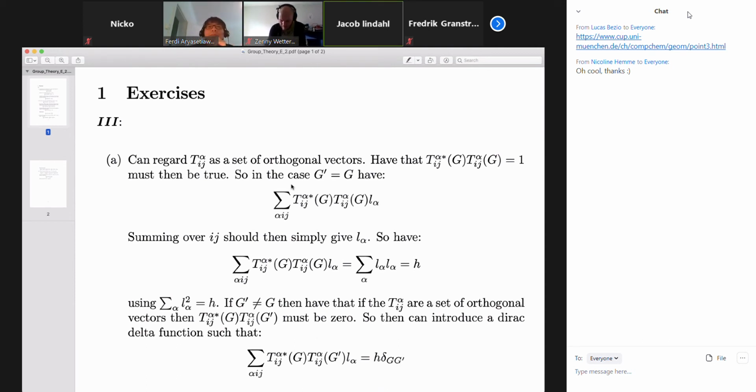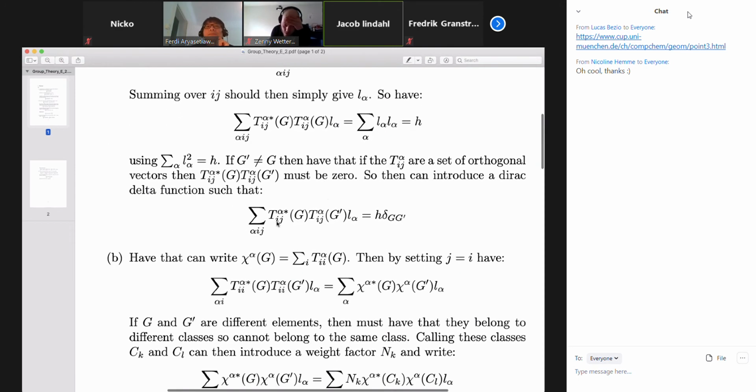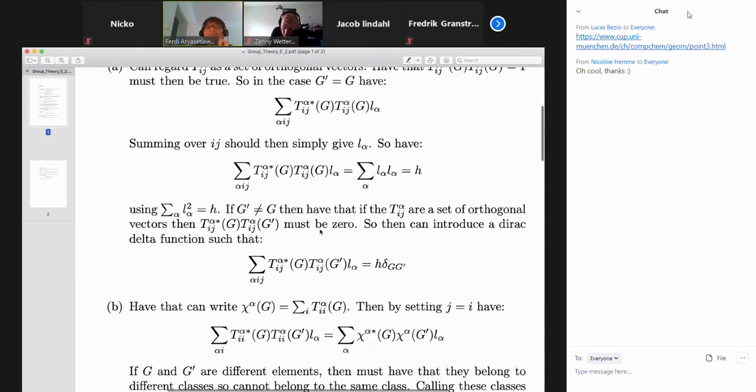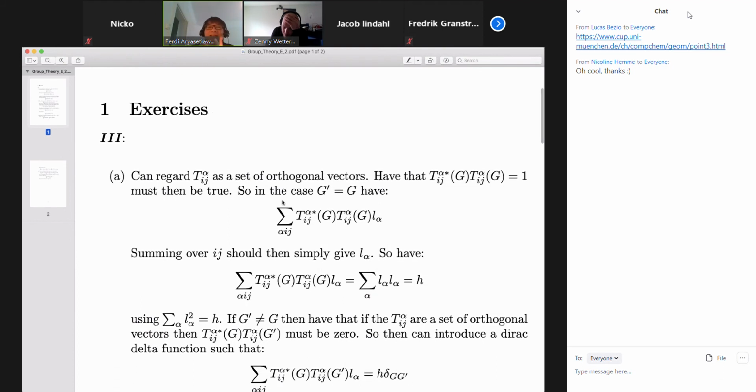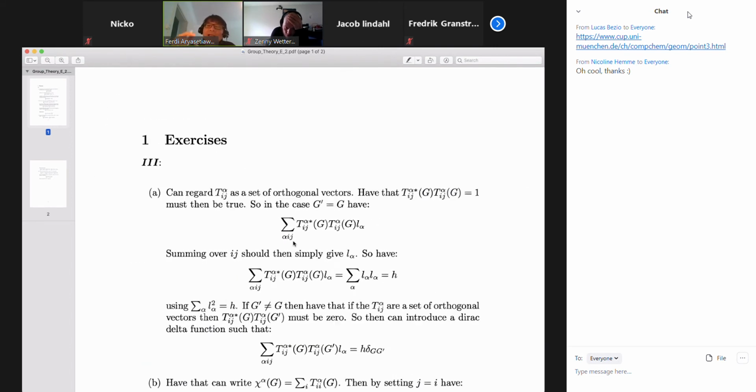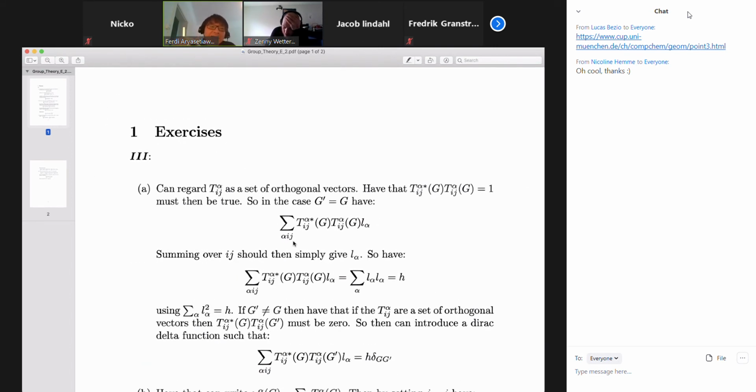Okay, so we want to prove this specific relation here. Can I just comment? We recall that we have the orthogonality theorem, and then the first orthogonality relations for the characters and the second orthogonality relations.